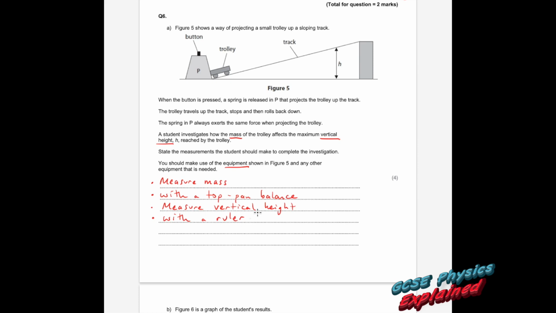And make sure you say the word vertical. Don't just say how far up the track it goes. That's not what they're doing. They want the vertical height. Now, if that doesn't get us 4 marks, we better add a couple more things. They're trying to work out how the mass affects the vertical height, so we'd better repeat it using a different amount of mass.